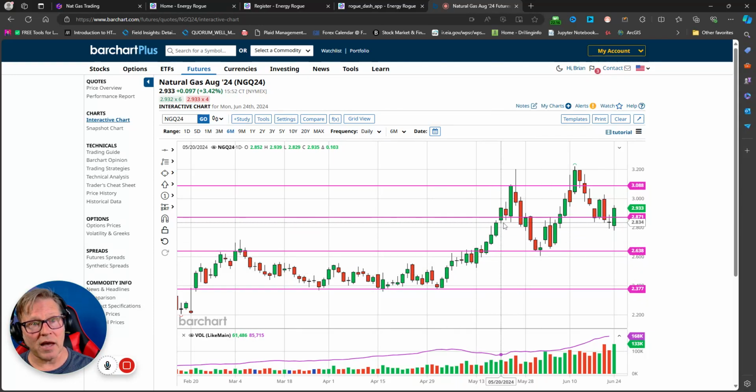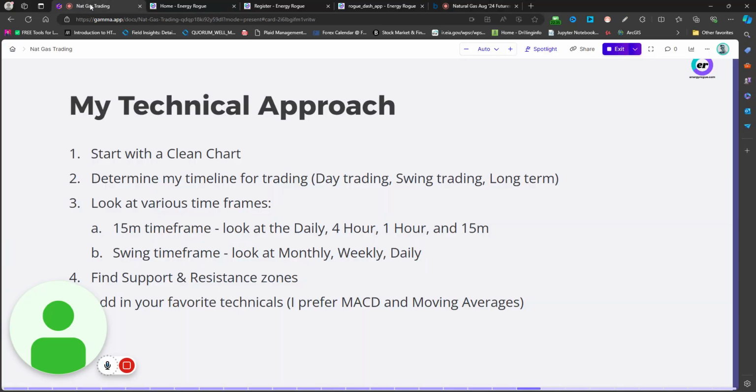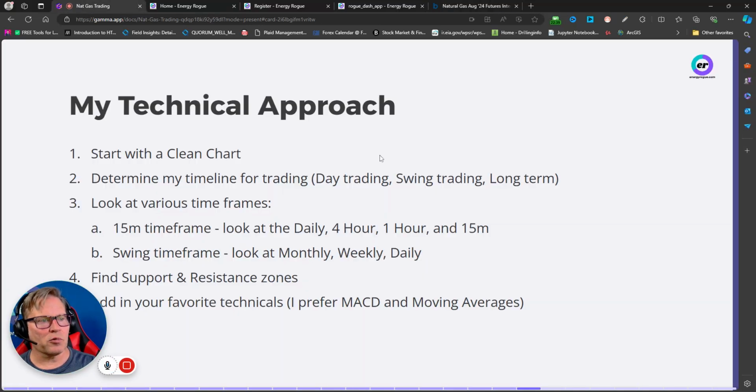Then we broke above that, went to two ranges above, then back down, and then we've broken back up again. So we keep breaking into new territory, and it's possible that we will enter a new stratosphere and get to this 333 level. But find those support and resistance zones, and then find your favorite technicals.